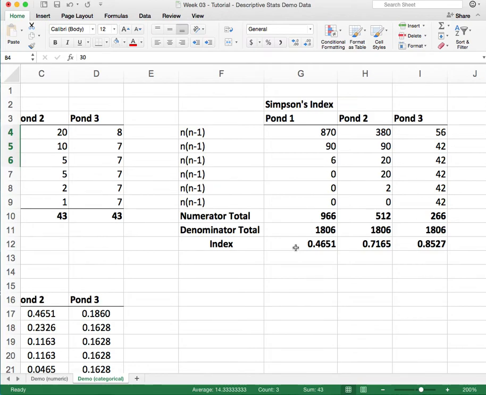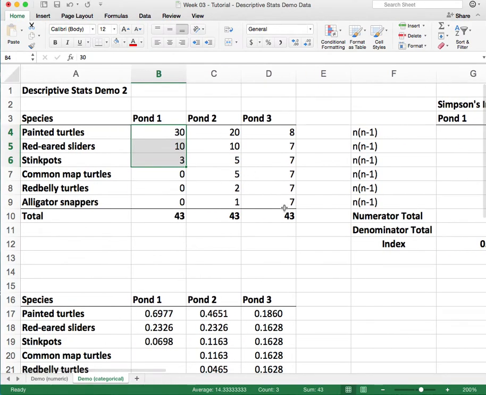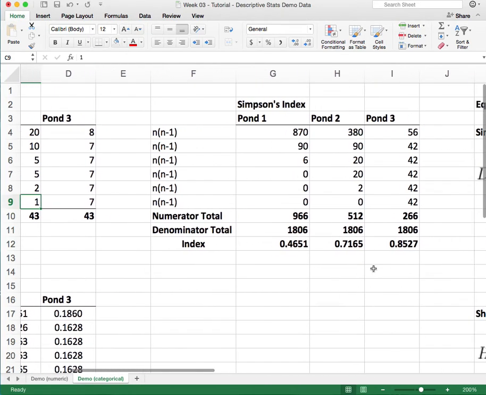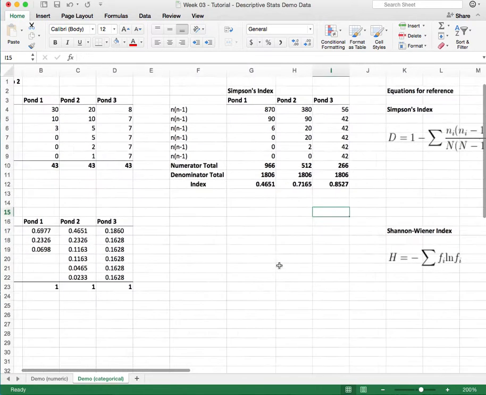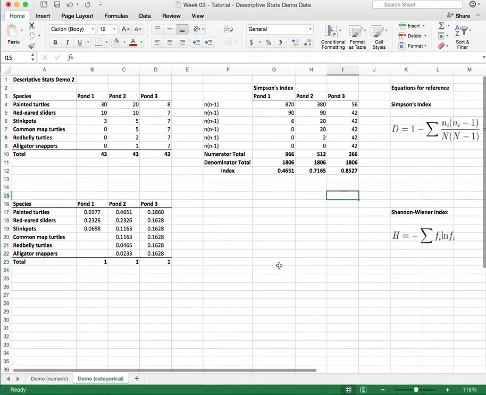Now, if we move to ponds 2 and 3, ponds 2 and 3 both had 6 species each, and they have the same number of species, but if you look, pond 3 is more evenly spaced. So we would expect to see a higher index value in pond 3, and in fact that is what we see there. All right, so that's Simpson's index.